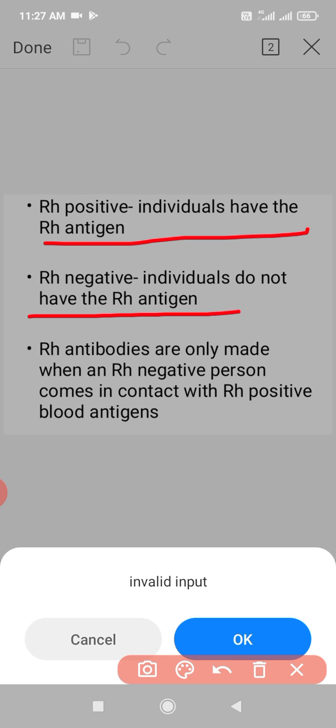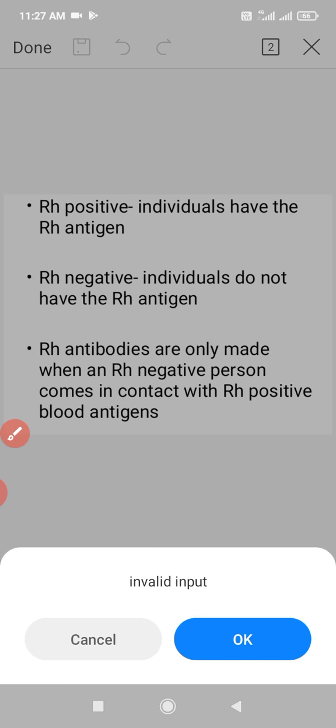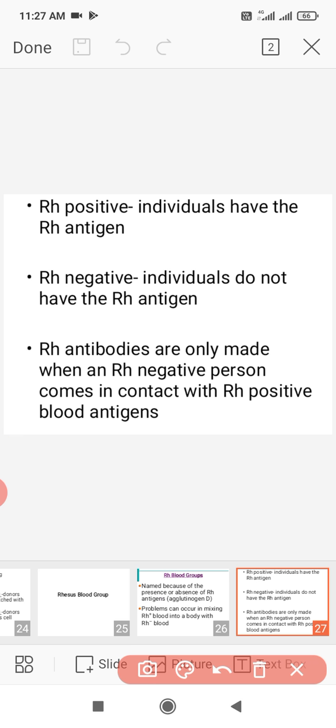But RH antibodies, as I told, are not present in the body naturally. But if an RH negative person receives RH positive blood, meaning an AB negative person receives AB positive blood, what will happen?